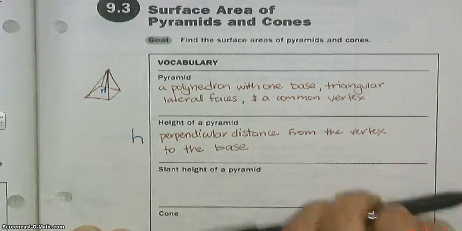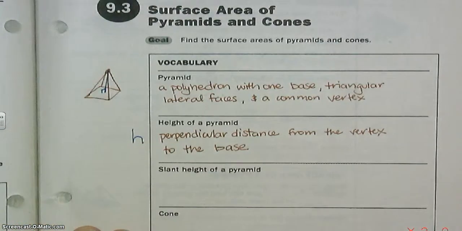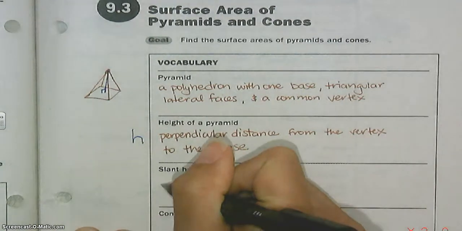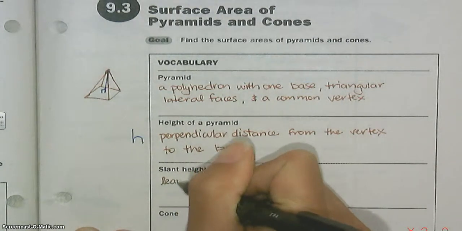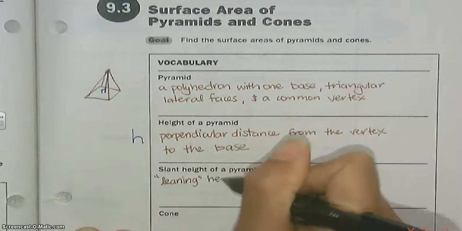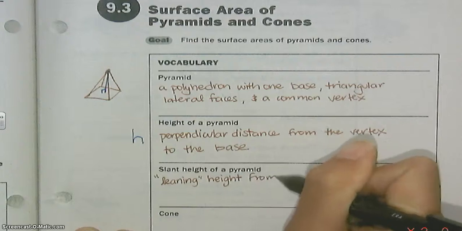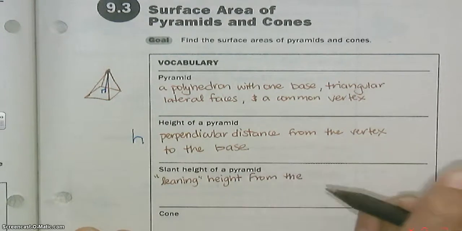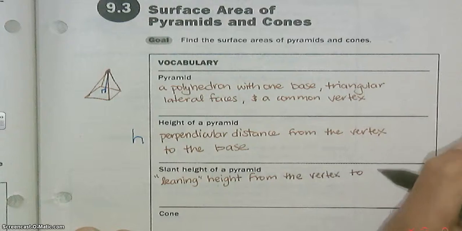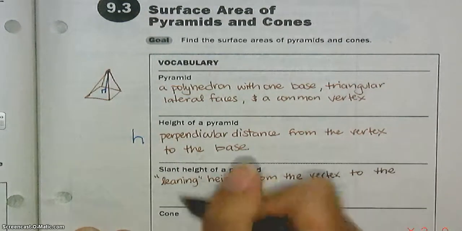Then in a pyramid, there's also a slant height. There's a leaning height is what I'm going to refer to it as. And it is the leaning height from the vertex to the edge of the base.